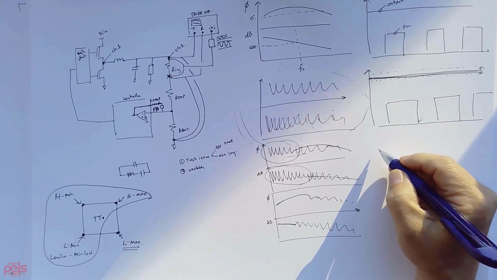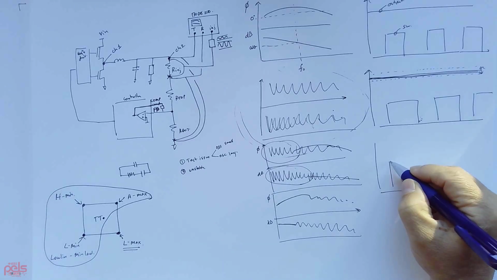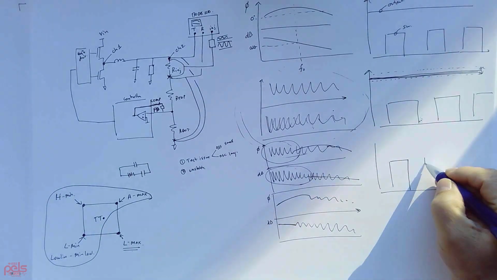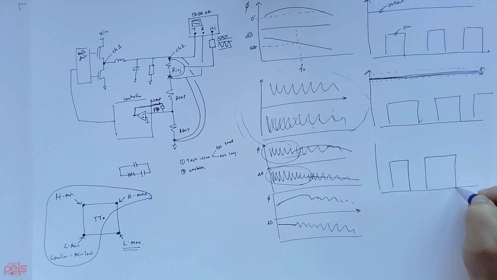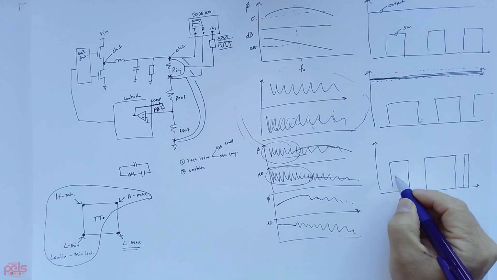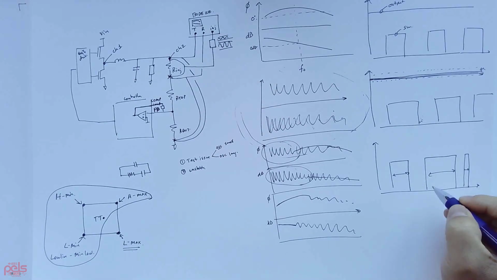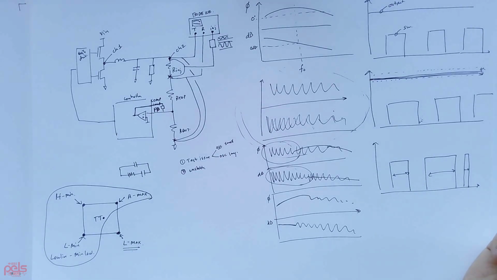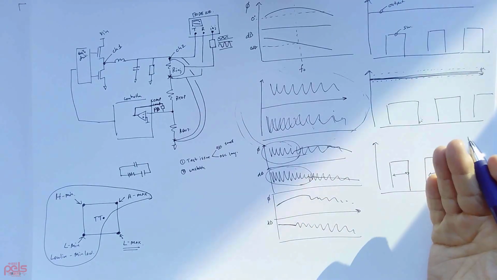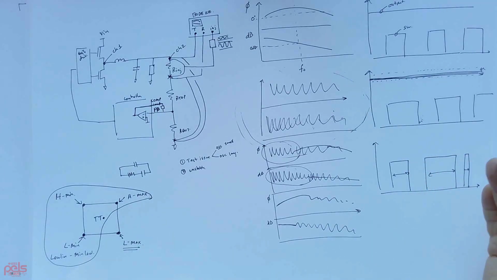In other words, I'm going to draw it here, you may have something that looks like this, just different pulse widths. And the reason for that is that the power supply is not stable. The power supply is trying to react to different duty cycles.